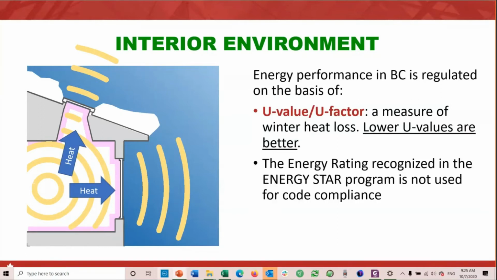The energy rating that is used in the Energy Star program is not used in British Columbia for code compliance. It has not been used historically, although I noticed that the 2018 building code online contains tables from the national code which do show energy ratings, but historically British Columbia has not used energy ratings for code compliance of windows.